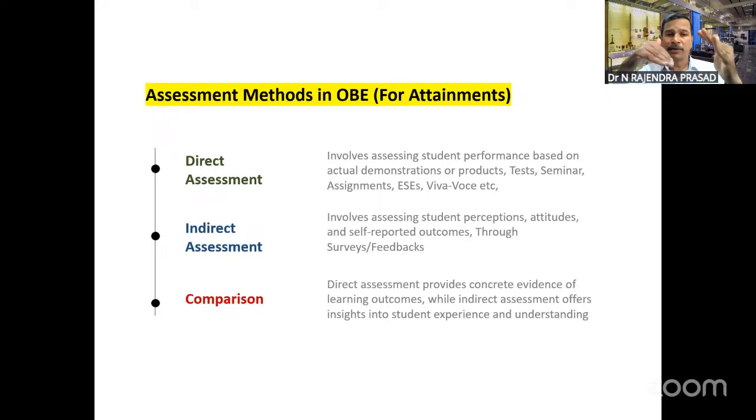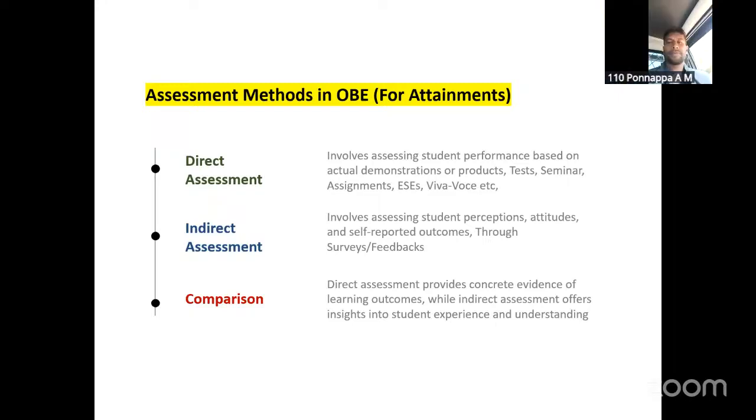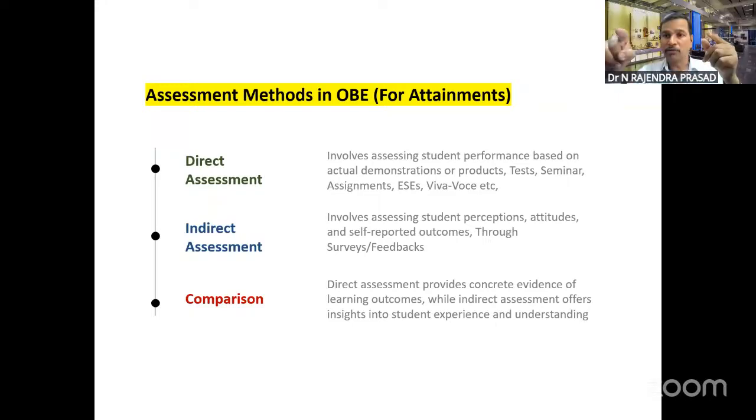Indirect assessment is different from direct assessment. What is this indirect assessment? You have to assess the student's perceptions, whether really he has acquired the graduate attributes or not. That is to be understood. That is the indirect assessment. Whether the attitude of the graduate or the student graduated from our institute is helpful in making that student employable.